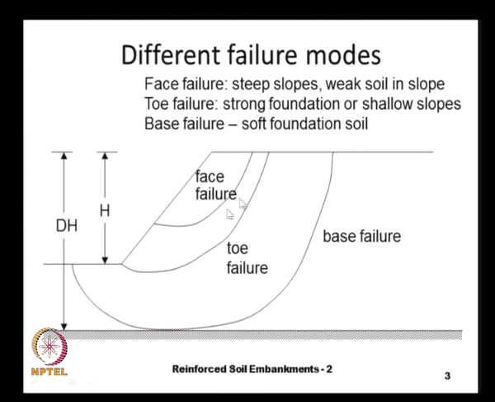Then the toe failure is the failure that happens when we have a strong foundation soil or a very shallow slope. Then base failure or deep seated failure happens when we have an extremely soft foundation soil and our embankment soil itself is relatively strong.